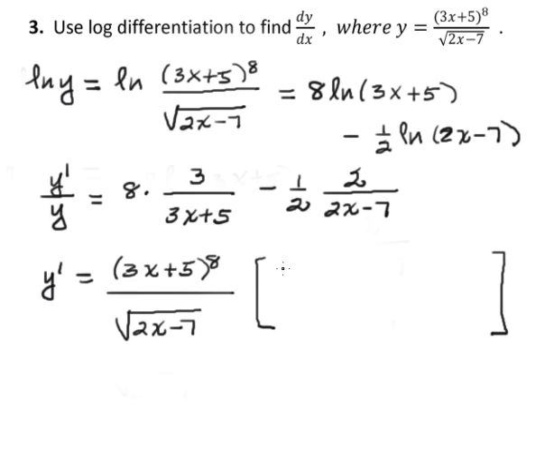Okay, this is 24 over 3x plus 5 minus, I'll cancel those 2's. Okay, so that's the derivative, and we took the derivative without using the quotient rule.